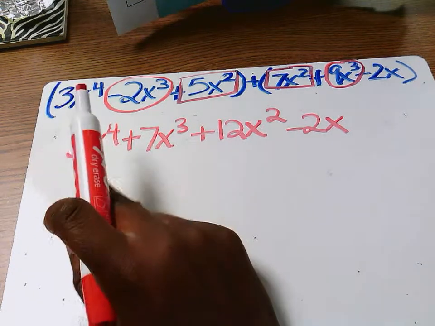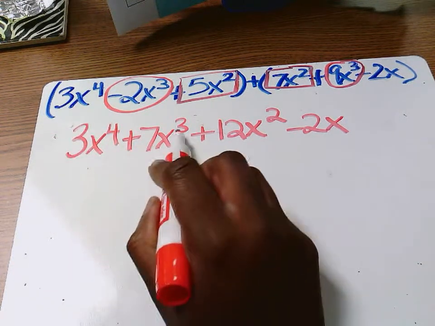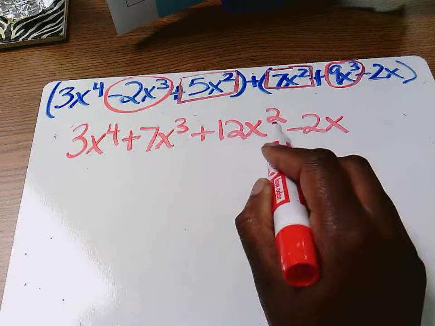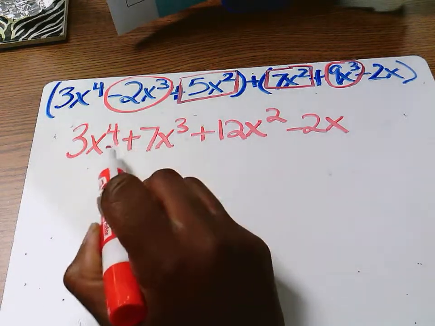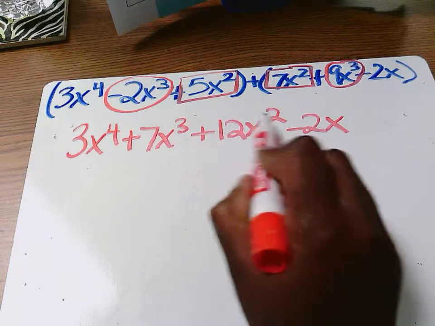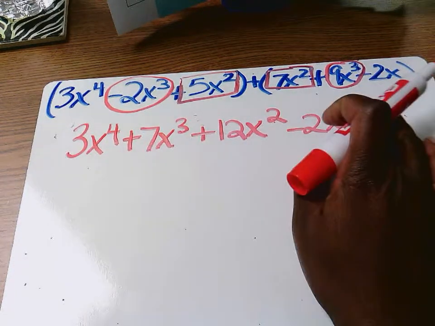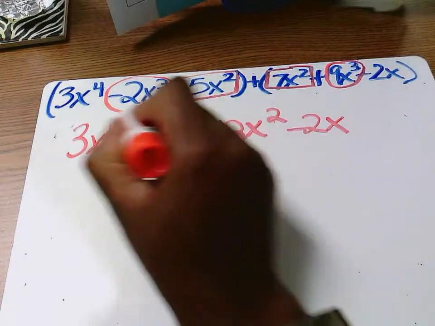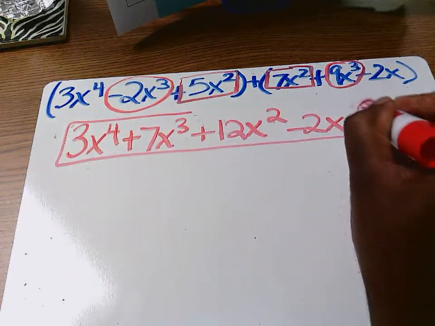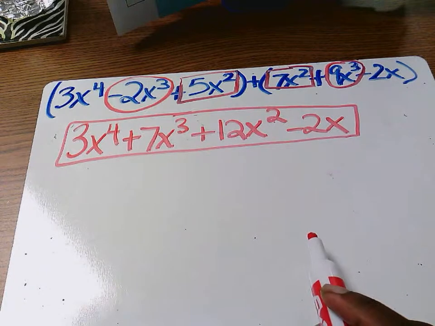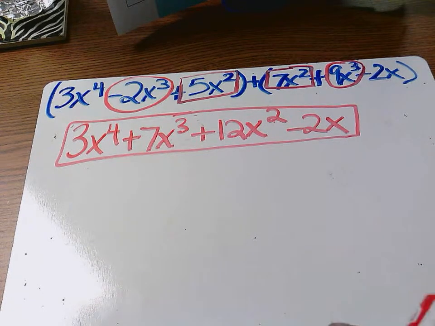Okay, so I have 3x to the fourth plus 7x cubed plus 12x squared minus 2x. As you can see, it's in descending order, 4, 3, 2, and 1. Okay, and we have simplified this as much as we could. All right, so take a minute to write that down if you don't have it already.